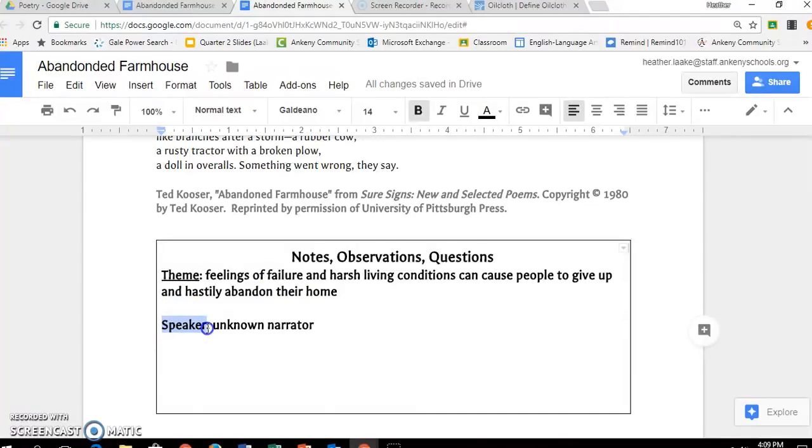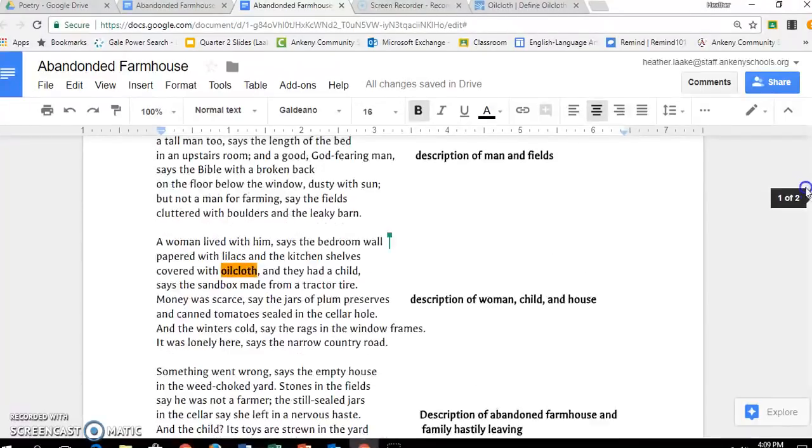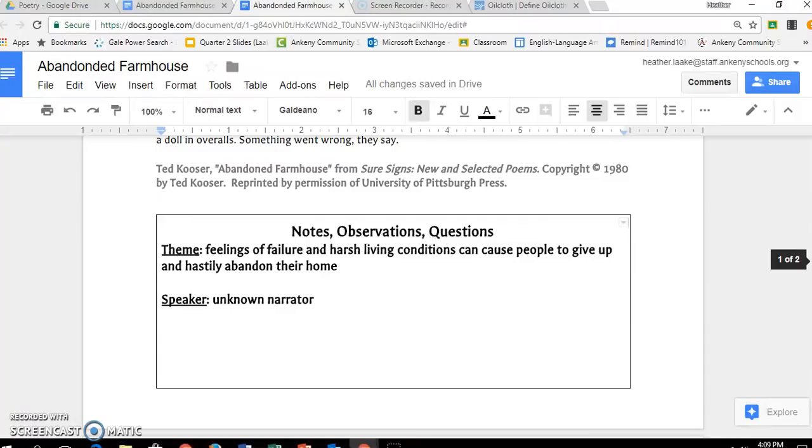So it's an unknown narrator who's sort of outside the poem, describing this family and the abandoned farmhouse. I'm not going to share my ideas about what words I would use to describe the tone because students will be doing that later, so we're just going to move on to the next step.